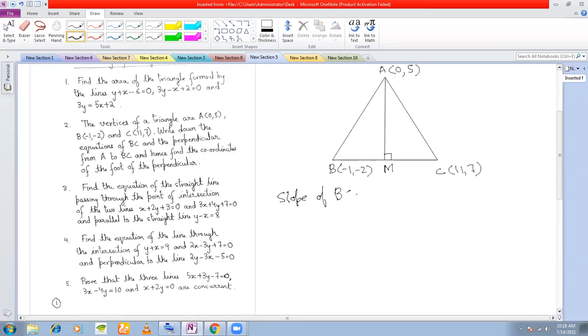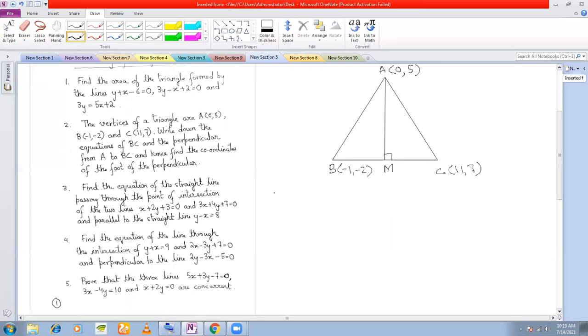Slope of BC is y2 minus y1 by x2 minus x1. Let us call this M1. Actually, we need to find the equation of BC first, because they are asking for the coordinates of M also.